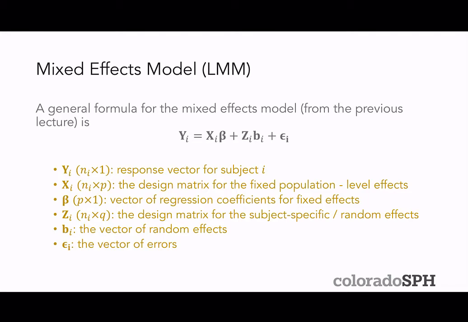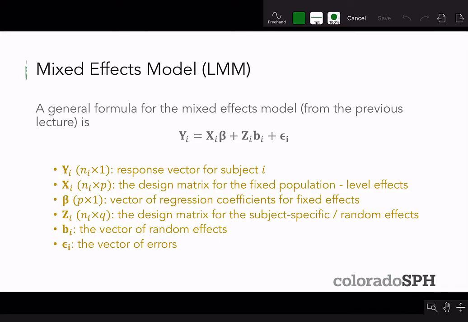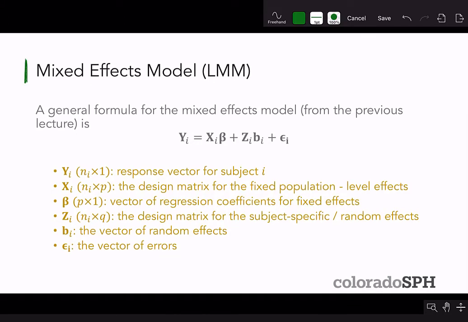So I just want to bring it back to the general form of the mixed effects model, just as we wrap up this portion of the lecture. We talked about this in the previous lecture. There's a general formula for the mixed effects model. And both the random intercept and random slope models fit into this general form, where the covariates that you're putting random effects on are given by the Z matrix.